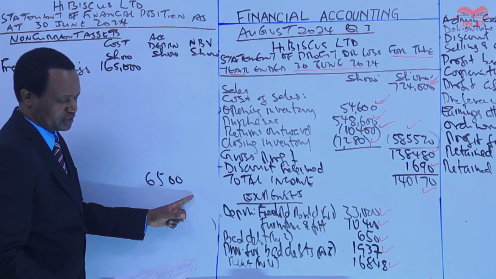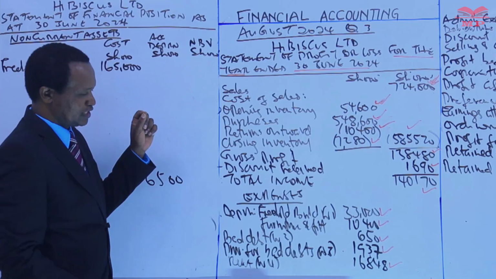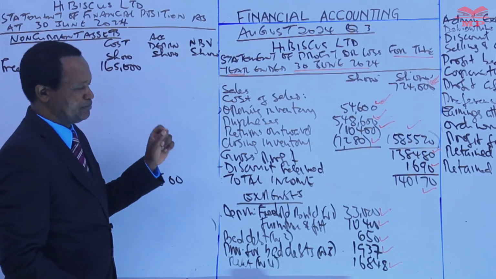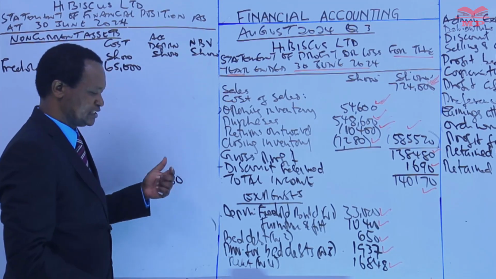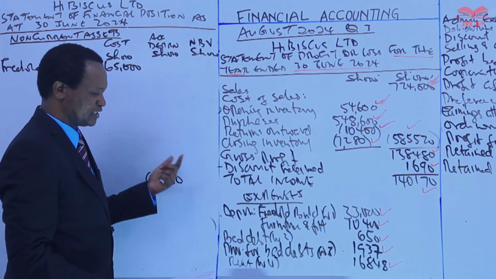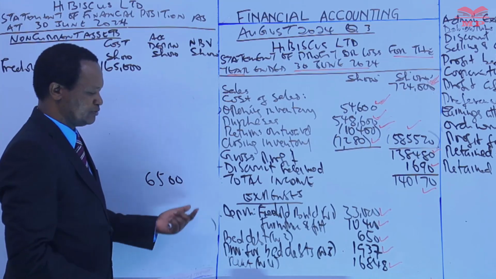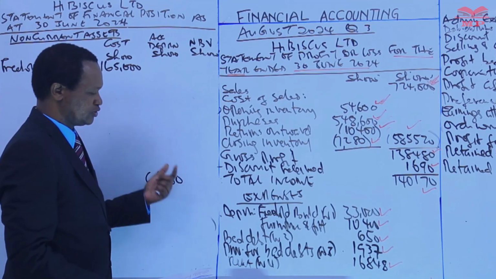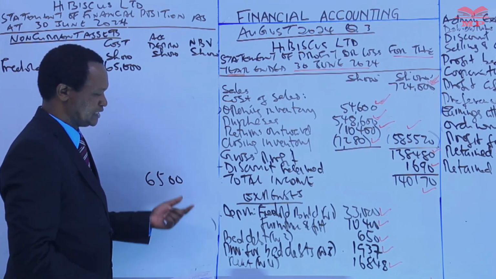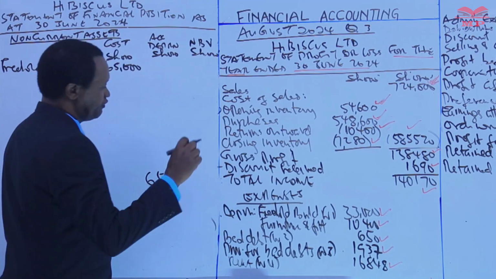You need to understand that anytime you have accumulated depreciation in the trial balance, that accumulated depreciation is at the beginning. Here they didn't show the dates, unlike the inventories, where the date is shown. Then we add the depreciation for the year.